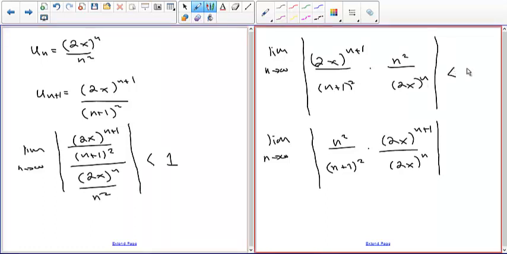So the ratio test says for a series to converge, the ratio of a sub n plus 1 over a sub n, absolute value, as n goes to infinity is less than 1. So we're doing the same thing here, except we're using u as the symbol.